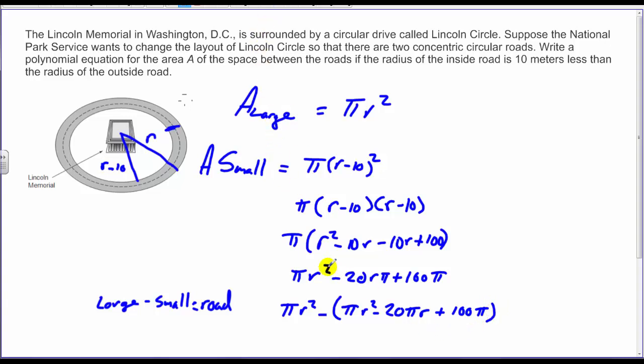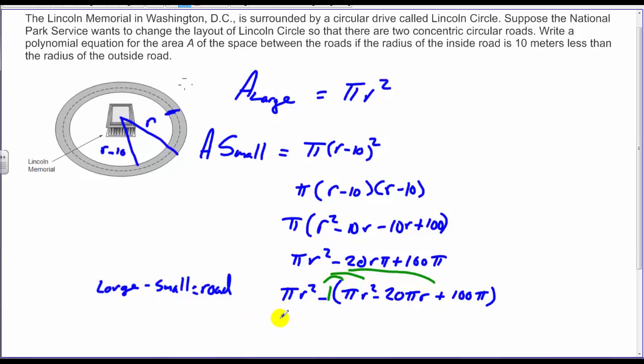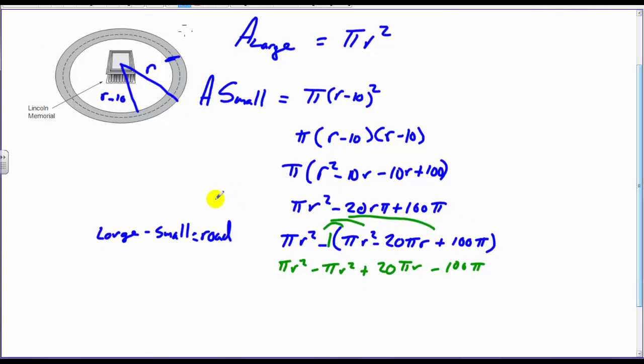And I know at this point I'm going to want to distribute this imaginary negative 1 to all these terms. So what I have is pi r squared minus pi r squared plus 20 pi r minus 100 pi. The pi r squareds are like terms, so those will go to 0, and I'm left with 20 pi r minus 100 pi.